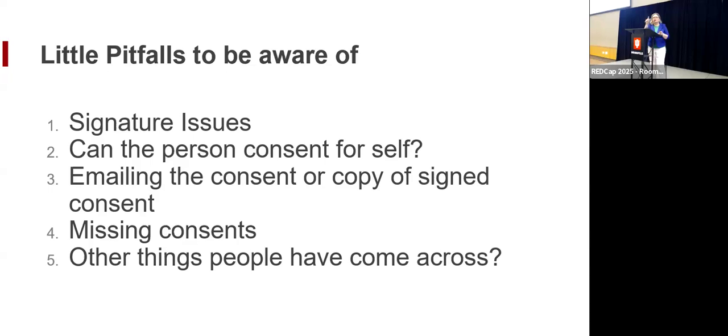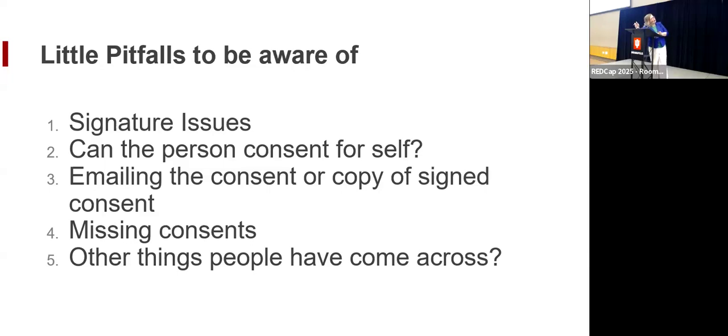Now, there's always a chance, right, if you're dealing with the general population, but if you're particularly looking for older adults, where you're going to have a higher proportion of people who might fall in that category, then you may want to have a plan set up for confirming that that person is able to sign for themselves. So it may be that we need somebody who's their legal authorized representative to do that. How are we going about getting that? There's going to be a different way that you're going to design that from there.